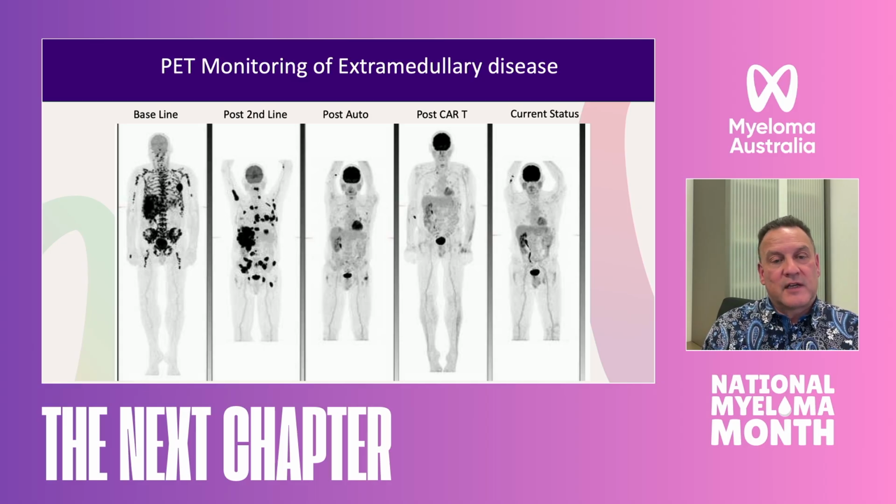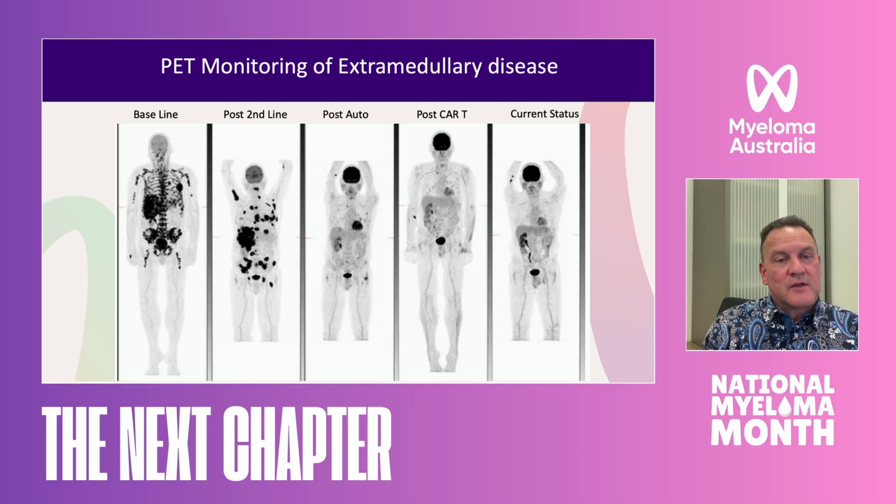And you can see over time that we managed to get rid of some of the myeloma, but the areas, particularly in the liver, were very difficult to treat until we used quite aggressive therapy and a bone marrow transplant followed by CAR T-cell therapy really brought this disease under nice control.